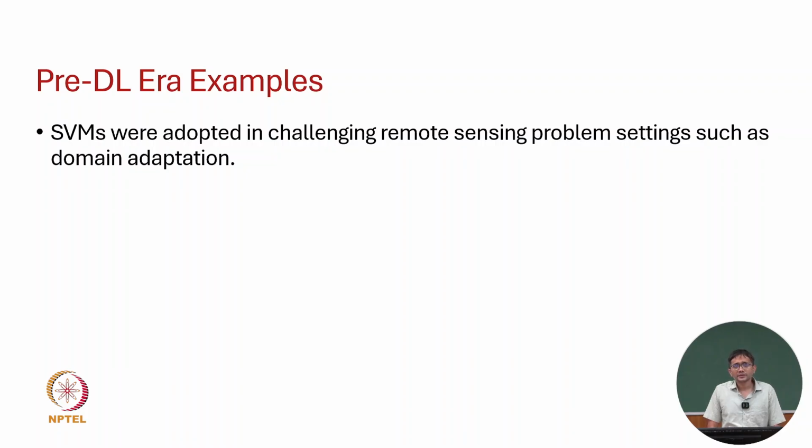Domain adaptation we will be discussing in more detail later in the context of deep learning. However, let us now see one particular example of domain adaptation with SVM, which was devised before the deep learning storm that came from 2011 or so.